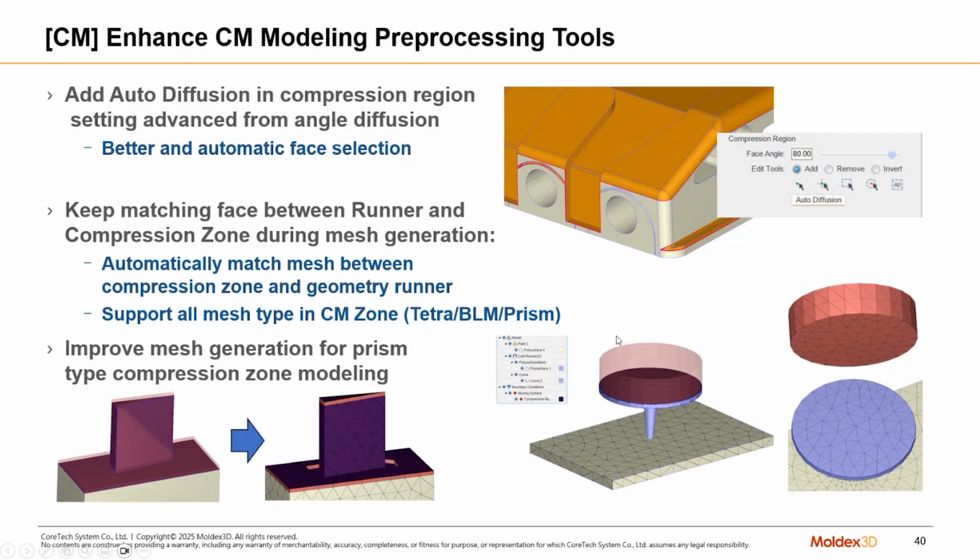And for injection compression molding or transfer molding applications, the meshing solver will now retain the matching of the mesh between the runner and the part, so that you can generate your compression zone mesh a little bit easier.